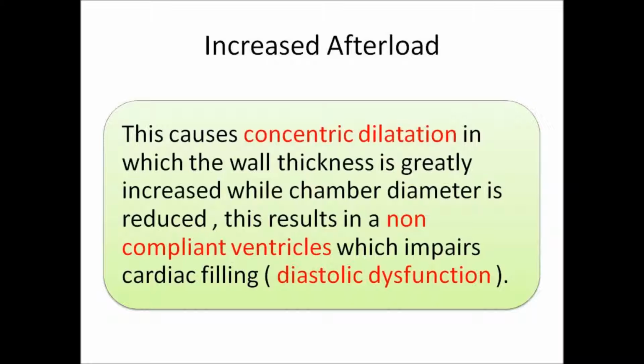And in this case, the new muscle cells are added parallel to each other, not next to each other. And you can imagine that this will result in an increased thickness of the wall and decreased chamber diameter, and this results in non-compliant ventricles, and that is the ventricles cannot change their volume when the blood is reaching them from the atria.